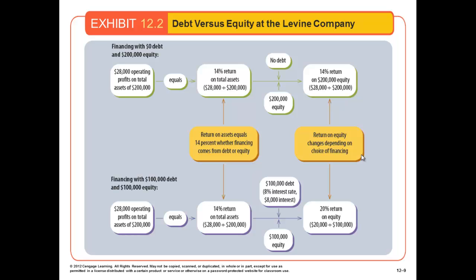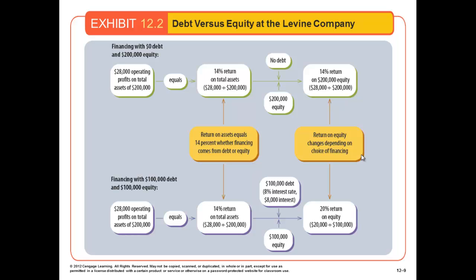In the top line, this is no debt, all equity. Our profits for the year were $28,000 of operating profits, and we had the assets that we purchased of $200,000. So our return on assets, when we divide the $28,000 by $200,000, becomes 14%.